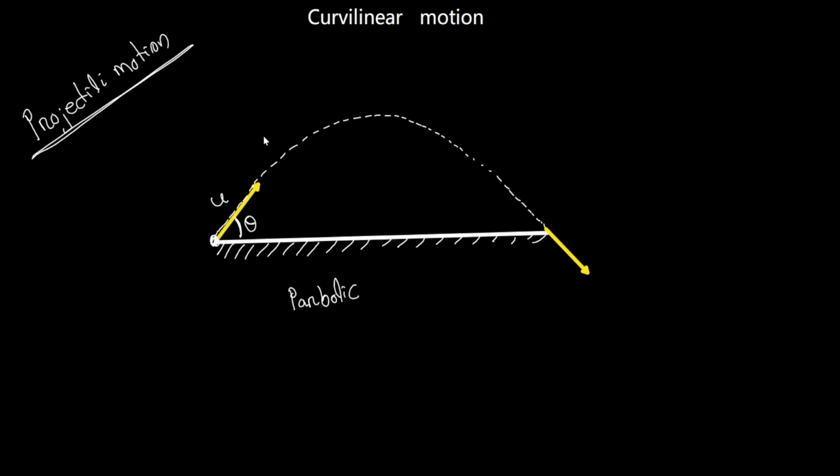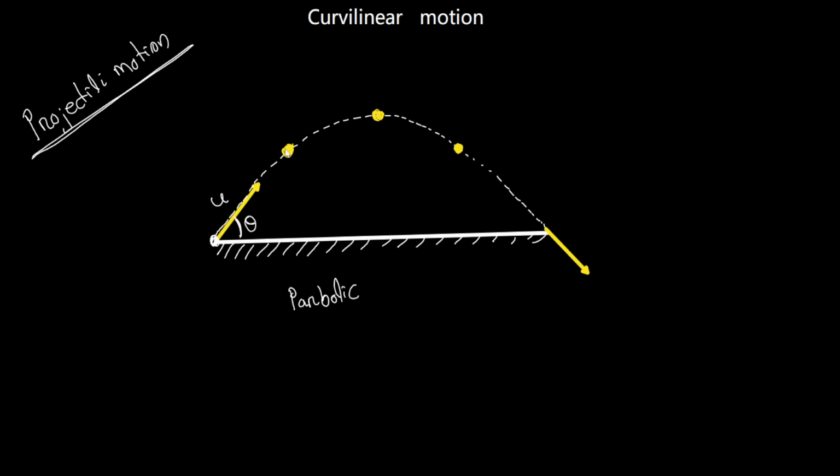because the object is projected into the air at a certain angle, and we got this as the path of the object. Now I'm marking some points like this, three points. Let's apply whatever we have discussed till now.